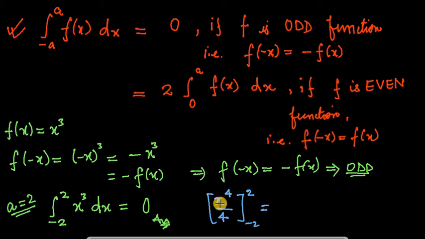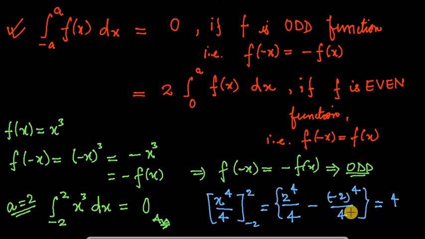First of all we will put the value of the upper limit, that is 2 to the power 4 divided by 4, minus, then we will put the value of the lower limit, that is minus 2 to the power 4 divided by 4. 2 to the power 4 is 16, 16 by 4 is 4, and minus 2 to the power 4 is also plus 16, and 16 by 4 is again 4, and there is a minus sign in between, so 4 minus 4 is 0. So this is how we can see that this property is verified for this question.